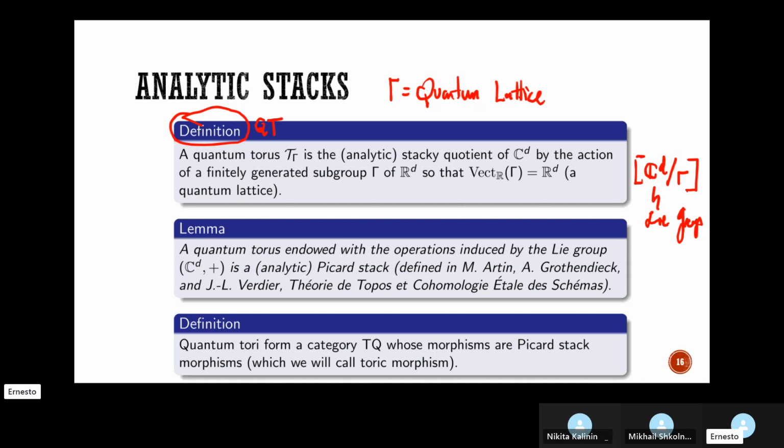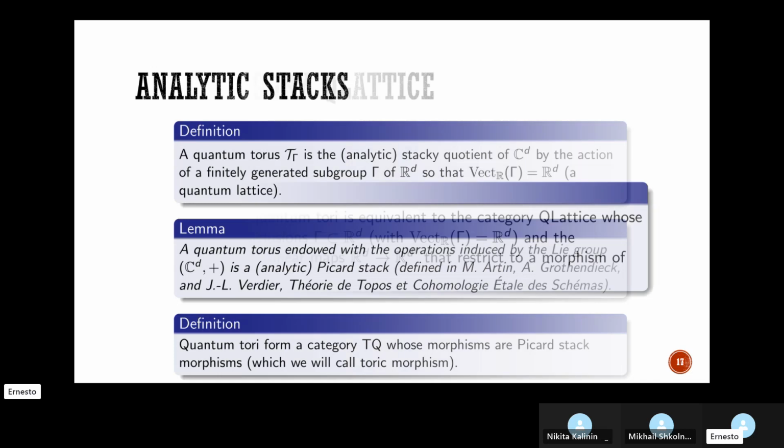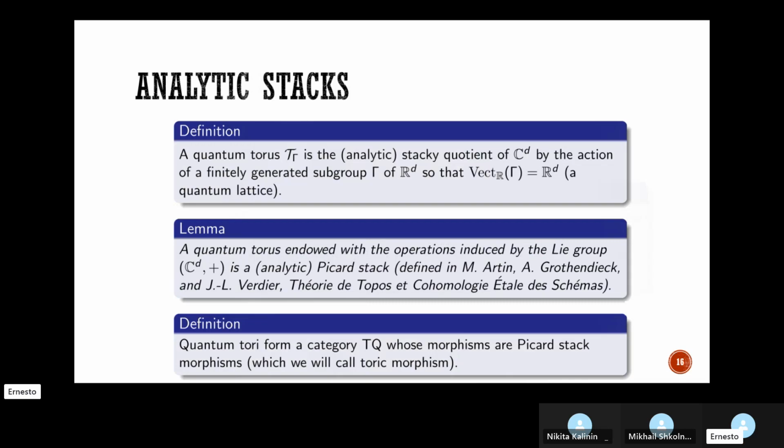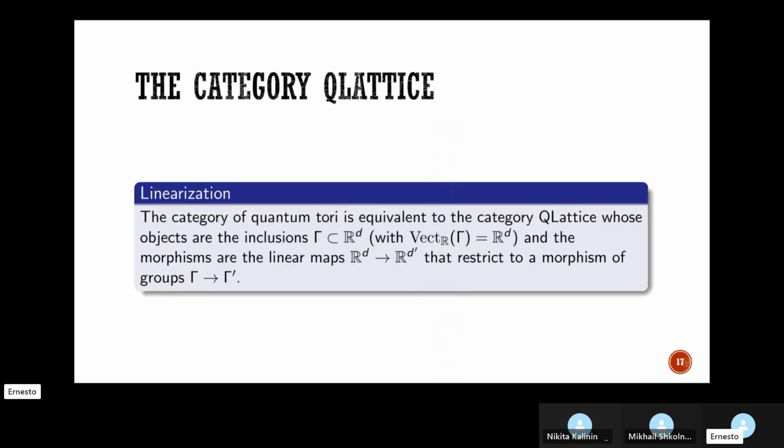And quantum tori, all of them, form a category, TQ, whose morphisms are Picard stack morphisms, which we will call toric morphisms. Now, there is a definition for these morphisms in terms of the theory of stacks, but there is this lemma that lets you forget about all this theory of stacks in this particular case of quantum torus.